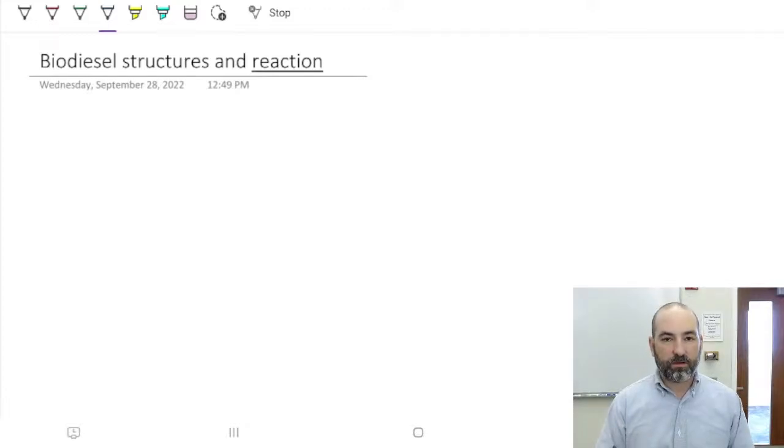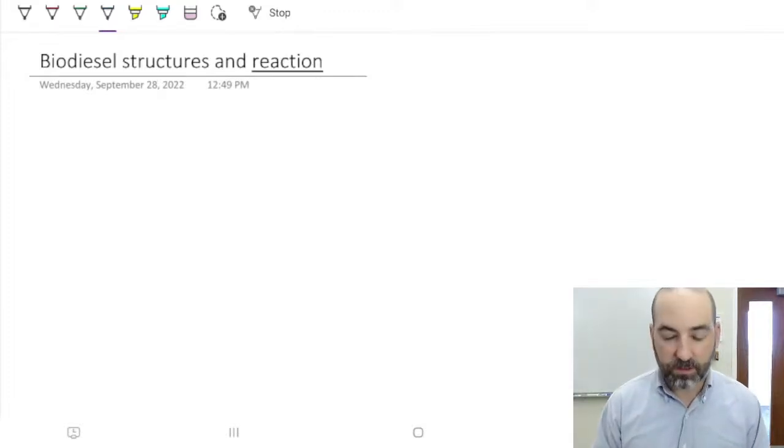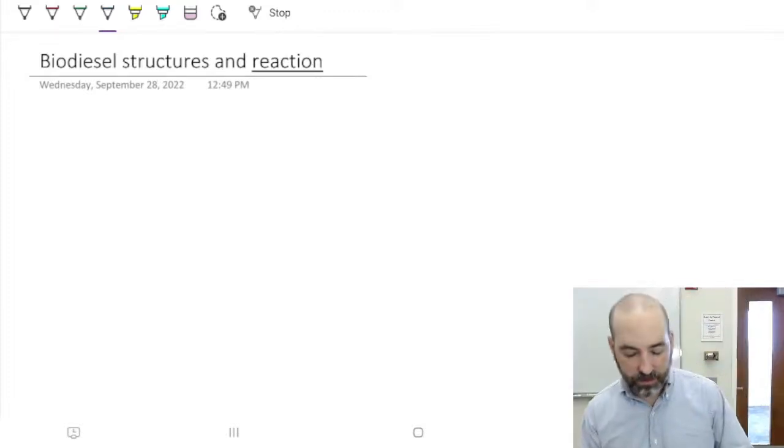Remember that, as we talked about two weeks ago, for the remainder of the semester, when we talk about these types of organic molecules, we're going to be mostly using these line or skeletal structures, so make sure you go back and review that if that was something that you struggled with in the last module. Before we get right into the biodiesel, I want to talk about a couple types of molecules that we're going to see and how they interact with each other.